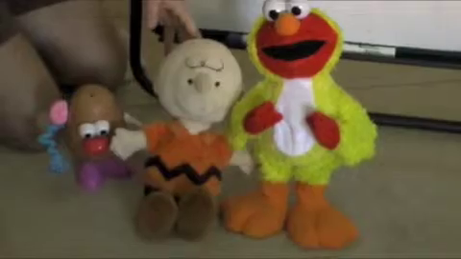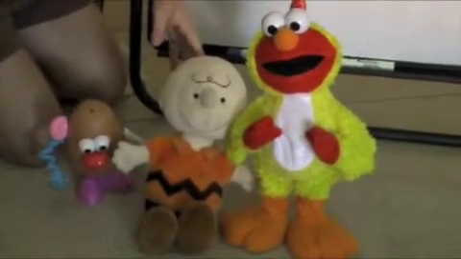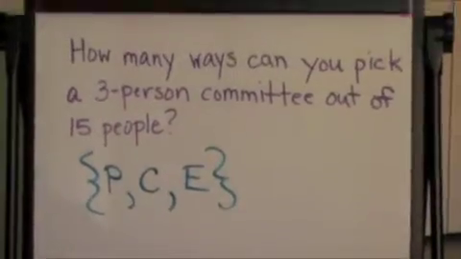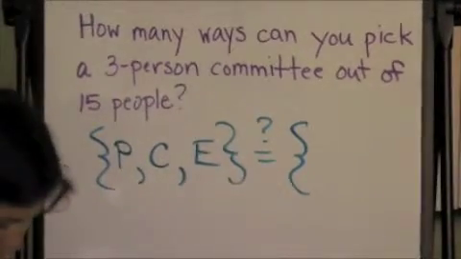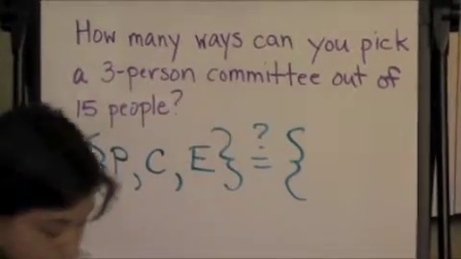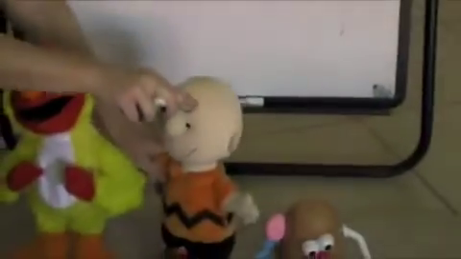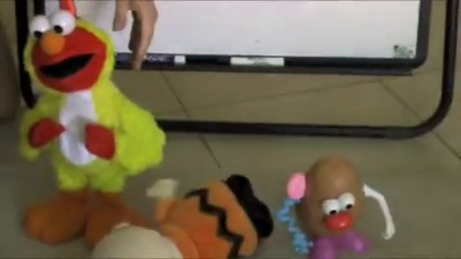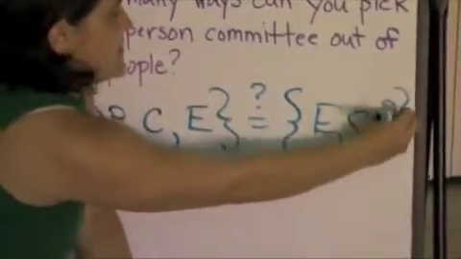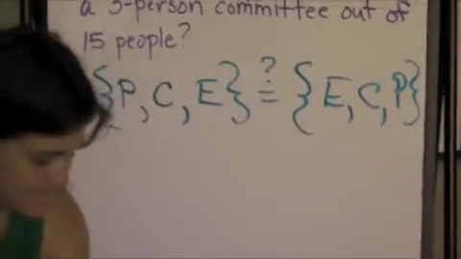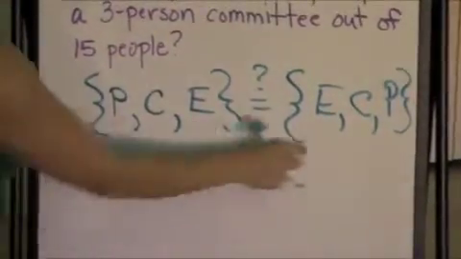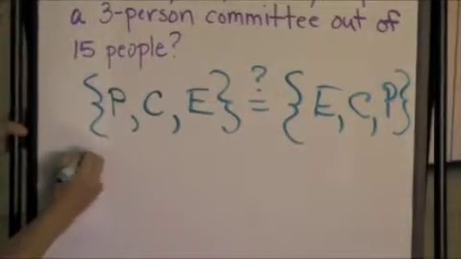So Mr. Potato Head, Charlie Brown, and Elmo. Is that the same committee and the same outcome if we were to mix it up? Would that be the same as having Elmo, Charlie Brown, and Mr. Potato Head on a committee? If you have the same outcome for both situations, even when the order changes, you've got a combination.